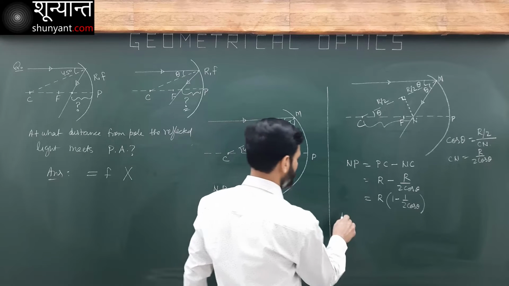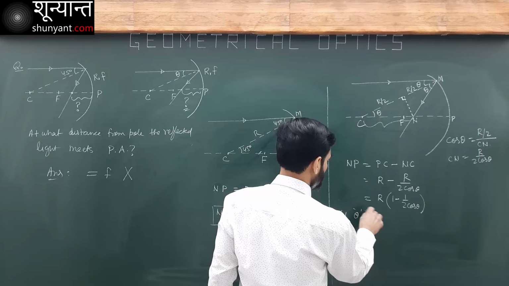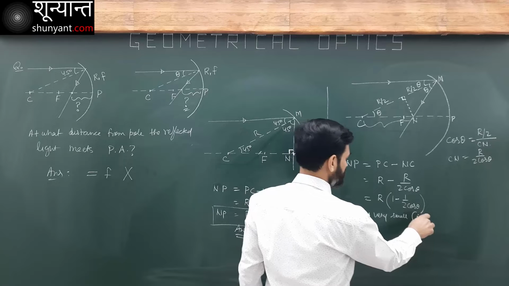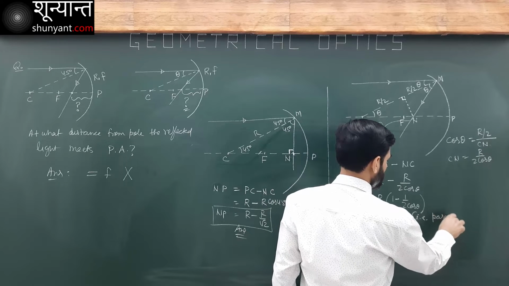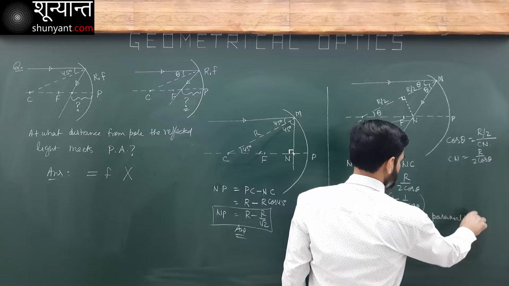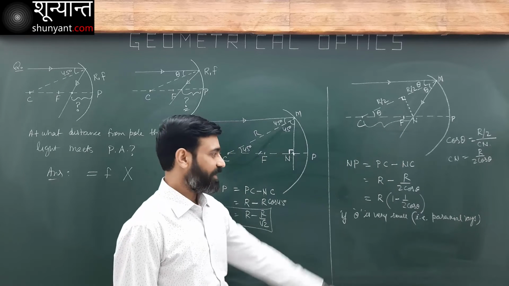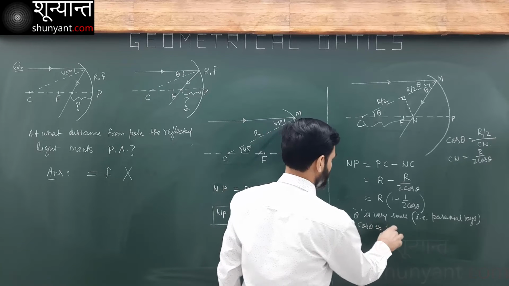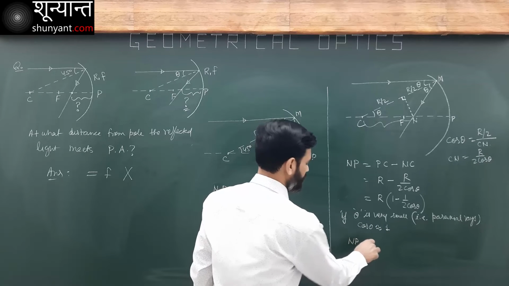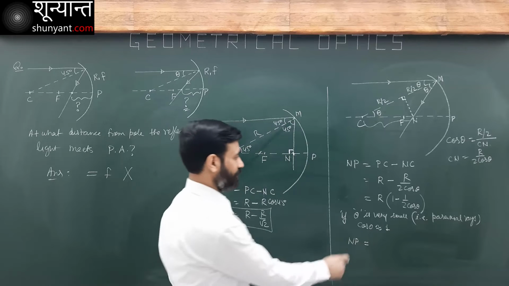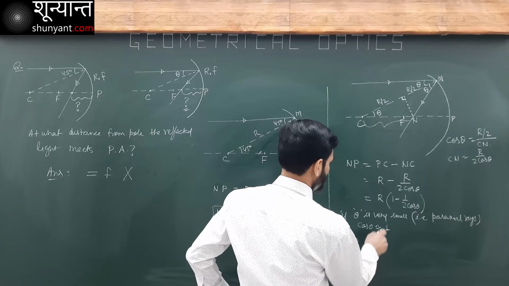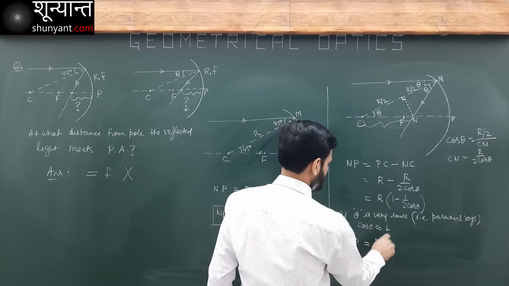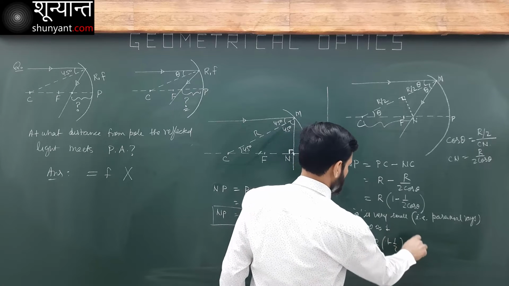Now, if theta is very small, that is the paraxial range, what will cos theta be? Cos theta is approximately equal to 1. Then NP is going to be equal to R times (1 minus half), which is R by 2.